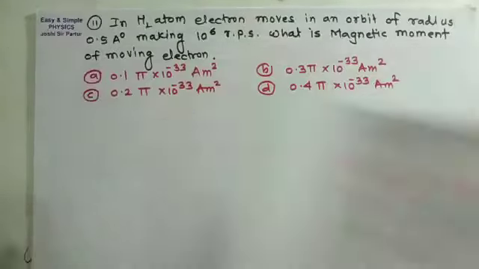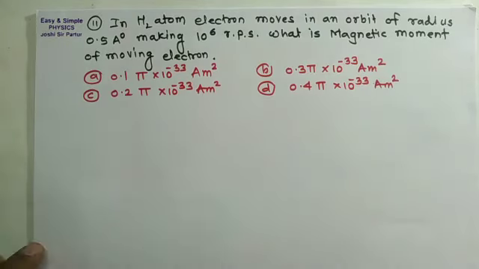See here another example, that is in a hydrogen atom. The electron moves in an orbit of radius 0.5 angstrom, making 10 raised to 6 rps. What is the magnetic moment of the electron?